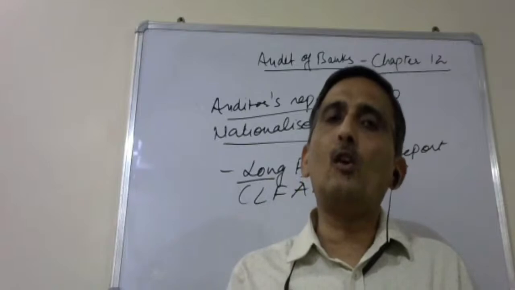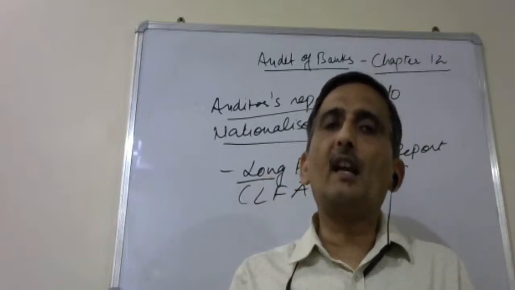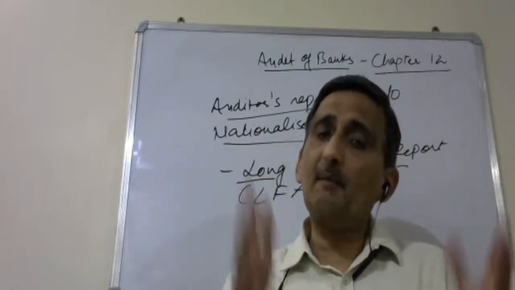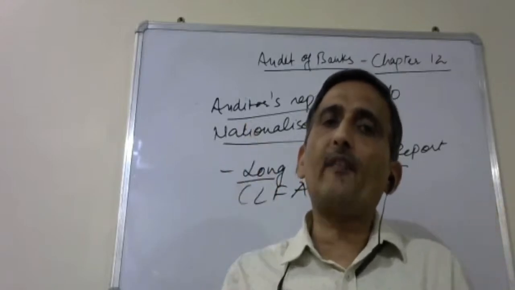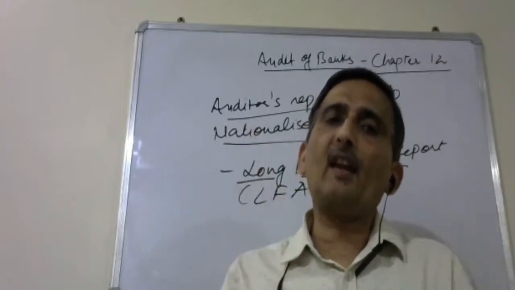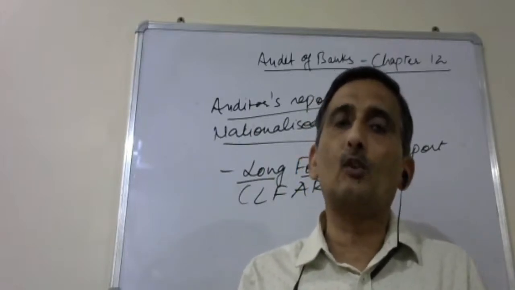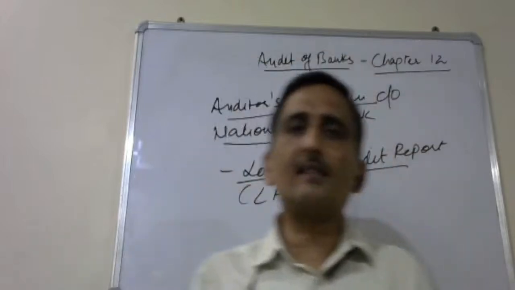I will also show you how a long form audit report looks like. That is not part of your syllabus, but once you see it, you can have a fair image in your mind, and it would be easy for you to remember. You will not forget. So let me share the screen with you guys.